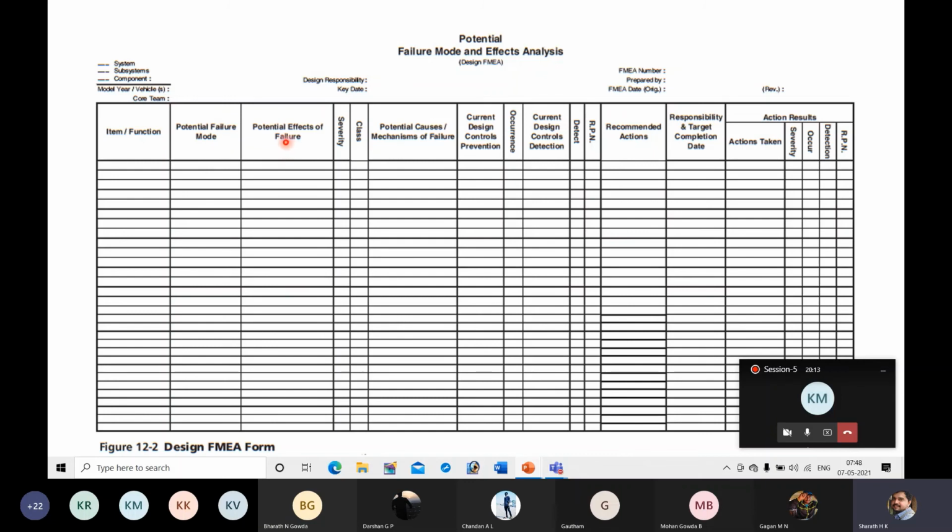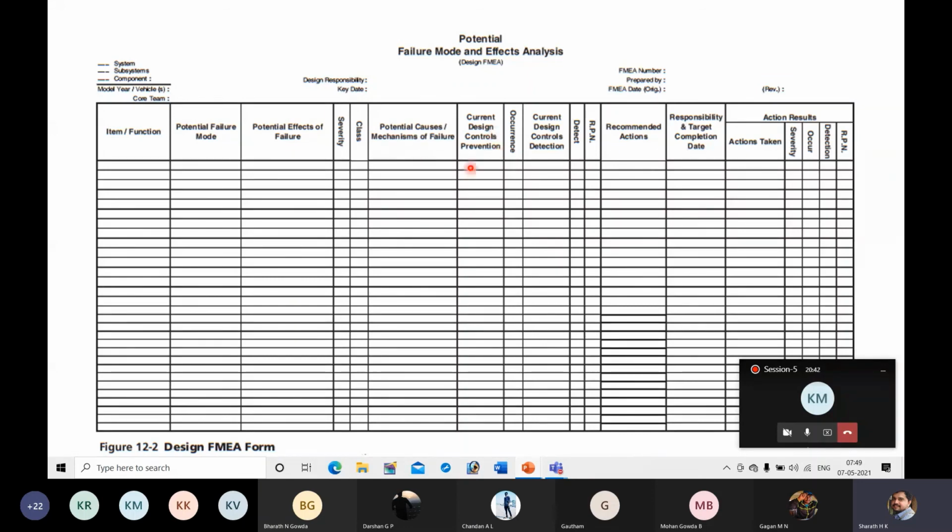Then potential effects of failure. Because of that, the life of the engine may decline. Next, severity: whether that is severe or not, you can list here, along with class. It is related to the IC engine in the vehicle. Then potential causes and mechanisms of failure. It may be because of the poor quality of the seal used to avoid leakage.